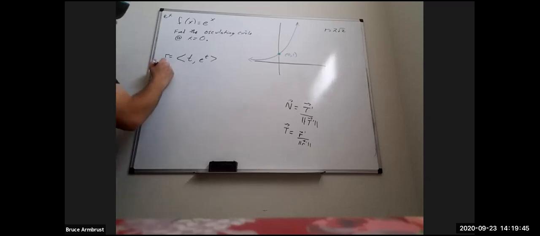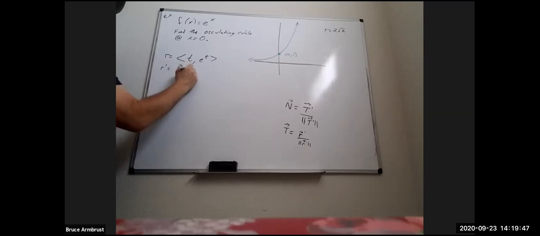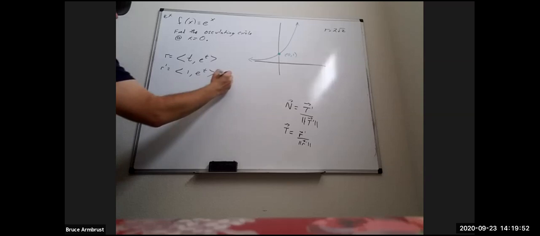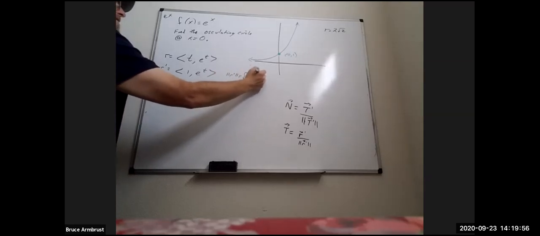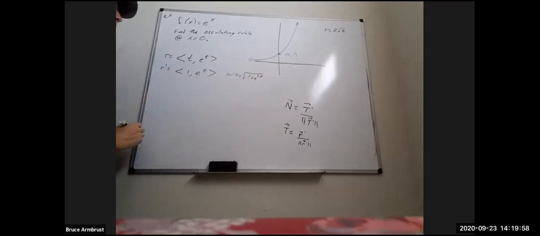So now we can get these things. So r prime is 1, e to the t. The magnitude of r prime is the square root of 1 plus e to the 2t.